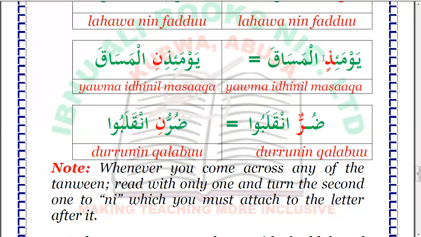So it becomes yawma idhinil masaqo. I repeat, whenever you see alif al-wasl after double kasra, or double dhamma, or double fatha, read with single fatha, single kasra, or single dhamma, and turn the second one to noon with kasra. Just imagine it, even though it is not written here. I hope you understand.